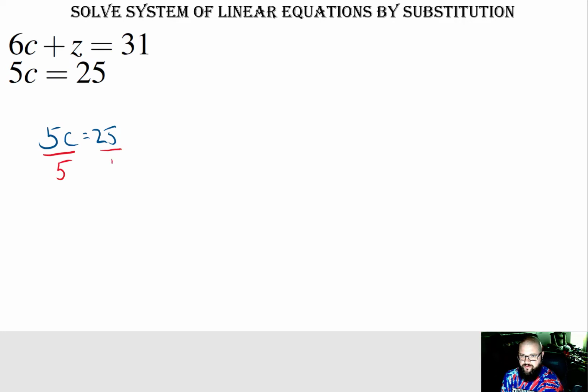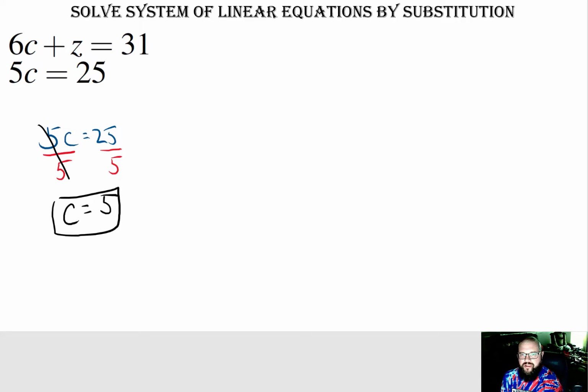That gives us c, and 25 divided by 5 is 5. So we know c is equal to 5.